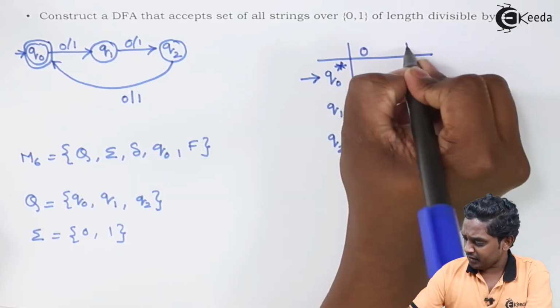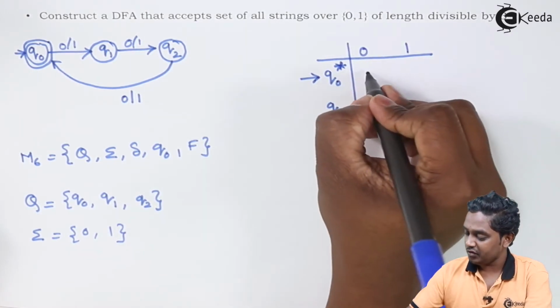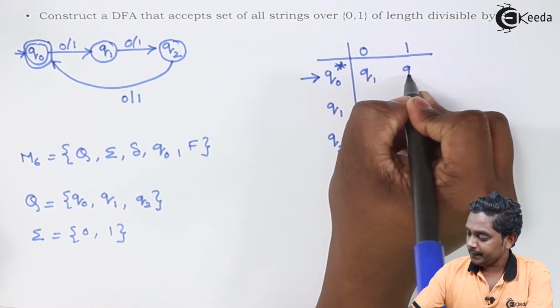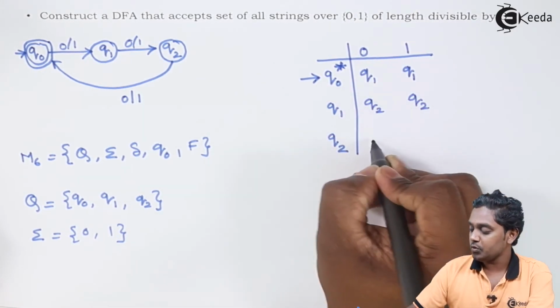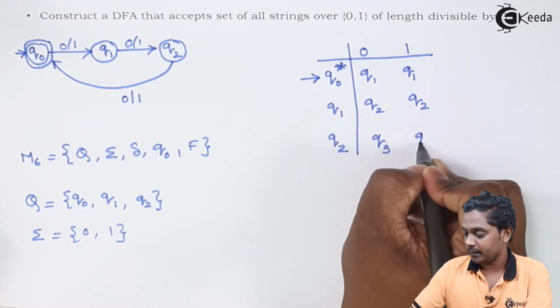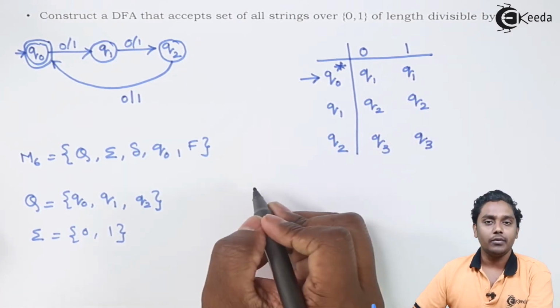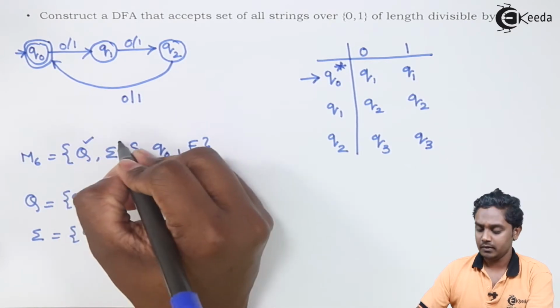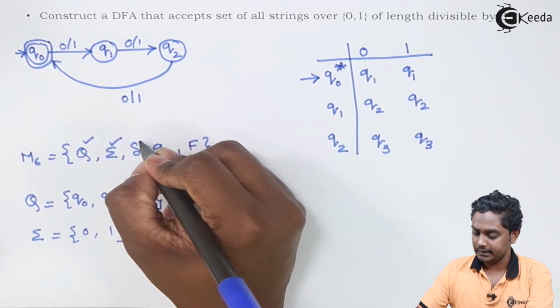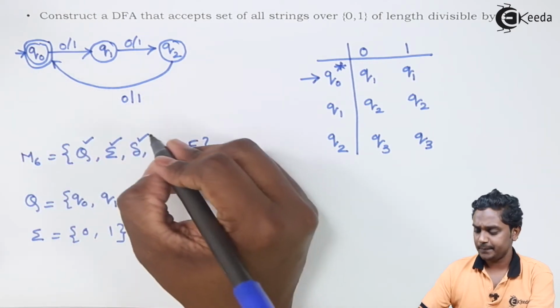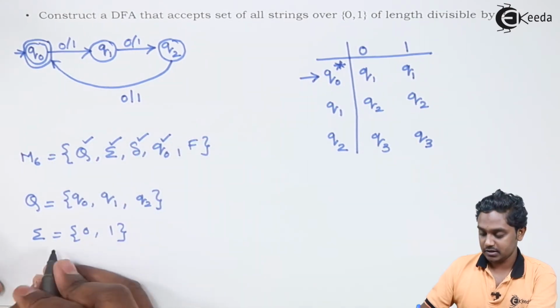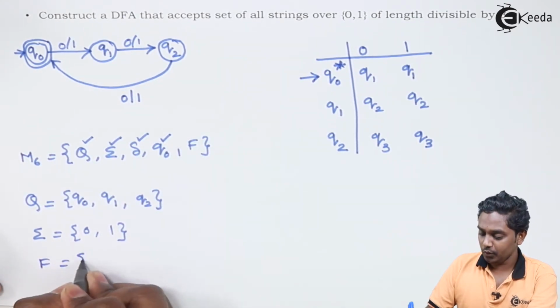On input alphabet 0 and 1, Q0 has a transition to Q1, Q1 has a transition to Q2, Q2 has a transition to Q0. Here we have seen Q, sigma, delta. Q0 is again the initial state, and the final state is also Q0.